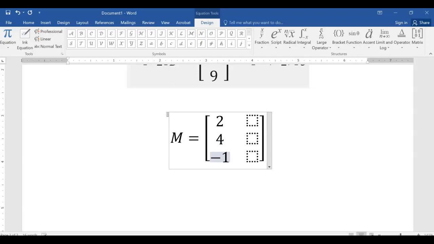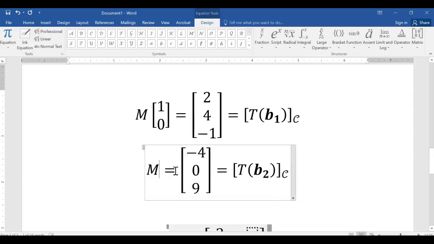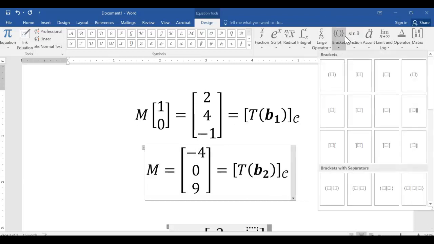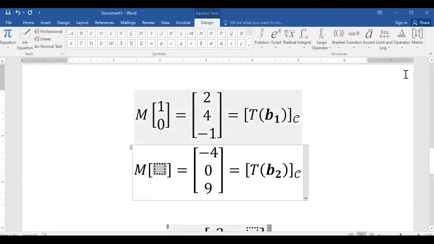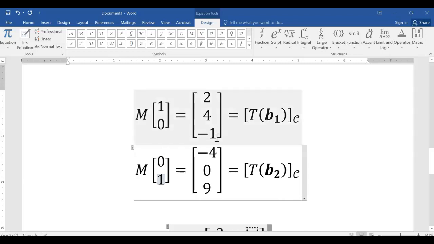That just means my first column needs to be 2, 4, negative 1. And then we need it to multiply by 0, 1 and give me out negative 4, 0, 9.